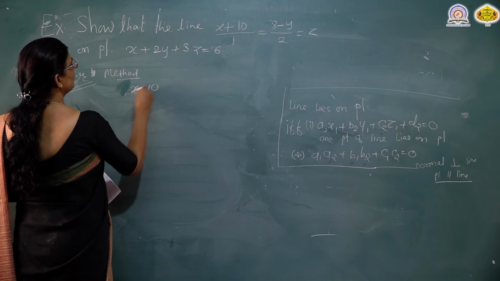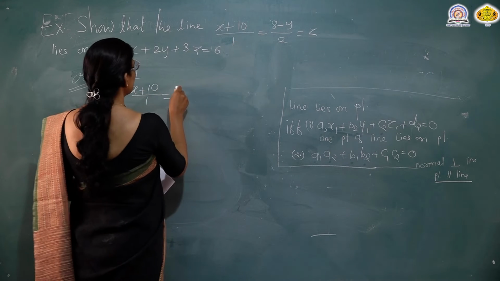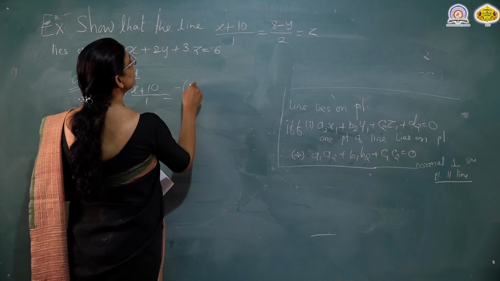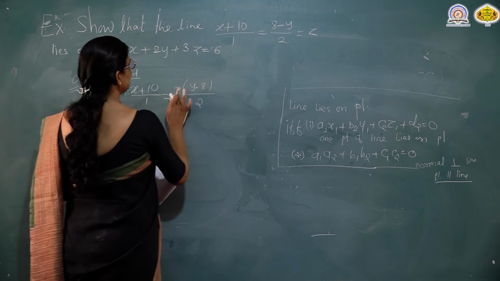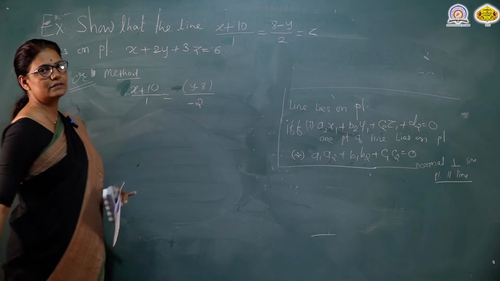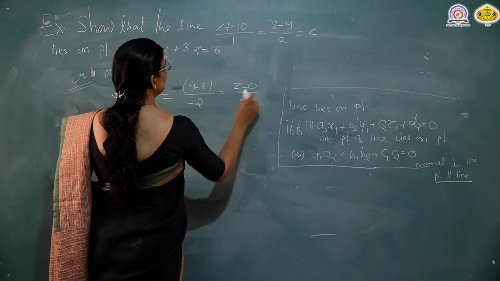I consider (x plus 10) upon 1 equals to, I rewrite the second term here, which can be written as minus (y minus 8) upon 2. I take the first minus sign common and adjust it, and equals to (z minus 0) upon 1.